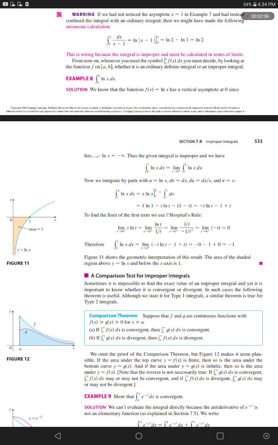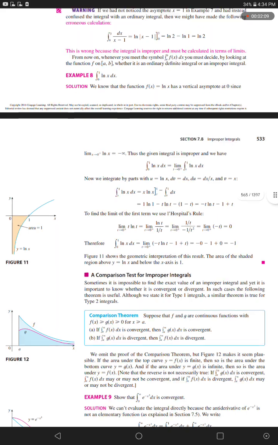To find the limit of the first term, we use L'Hopital's rule.